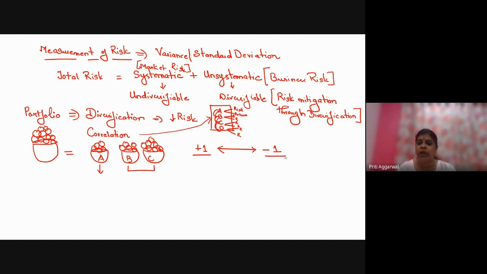But as per Markowitz, the negative correlation between two securities is always preferable to a perfect positive correlation. Why so?